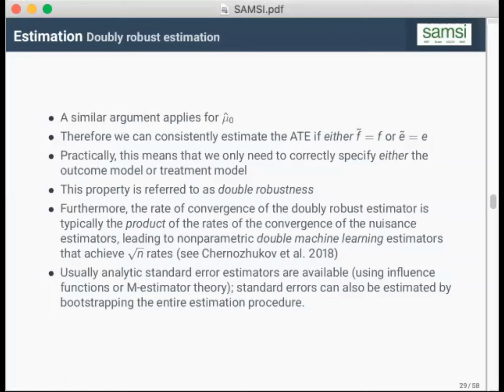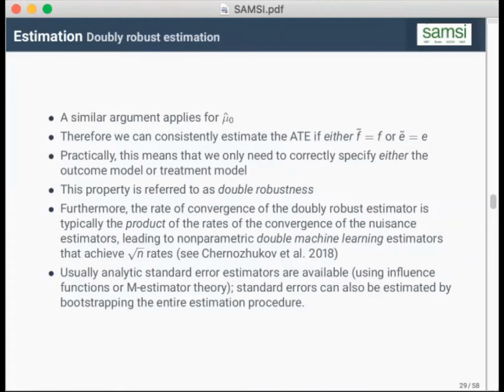So we've just seen that our estimator of the expected value of Y1 converges to the true expectation of Y1 if either the outcome regression model is correctly specified or the propensity score model is correctly specified. And the same argument applies for our estimator of the expected value of Y0. So this means that we can consistently estimate the average treatment effect if either the outcome regression or the propensity score model is correctly specified.